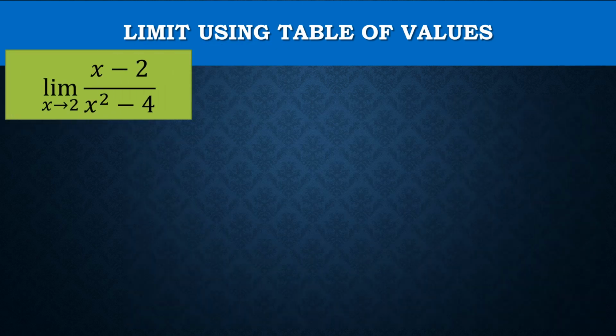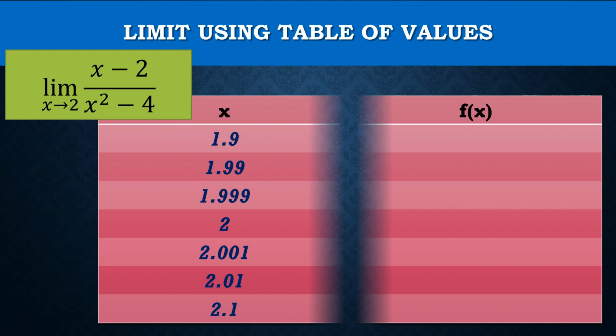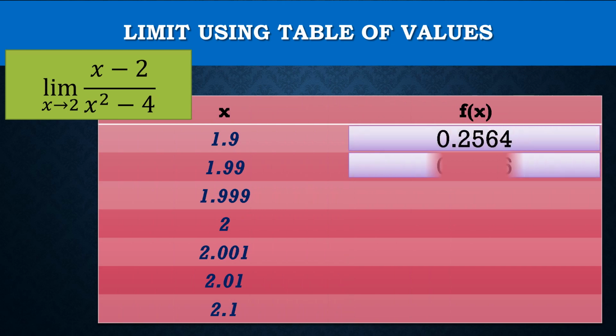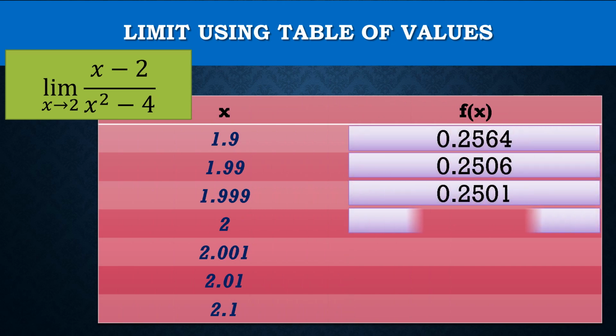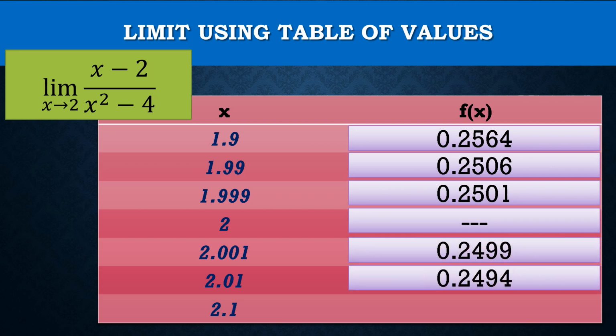Another example. Limit of x minus 2 all over x squared minus 4 as x approaches 2. So by direct substitution, yung numerator becomes 0 and denominator becomes 0, too. So the answer here is indeterminate. So meron tayong limit. Limit does exist. So using table of values, malalaman natin na merong values talaga for f of x as your x approaches 2 from left and from right.